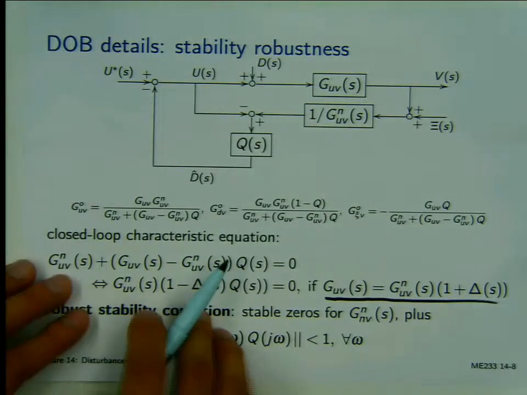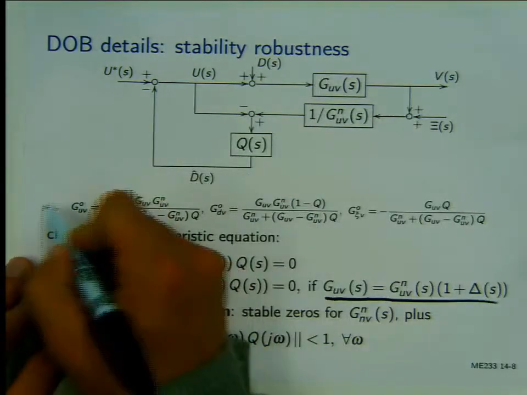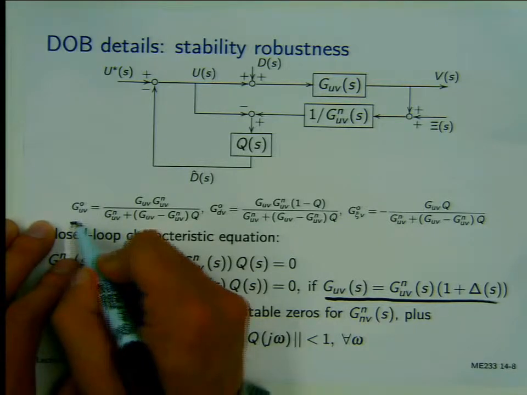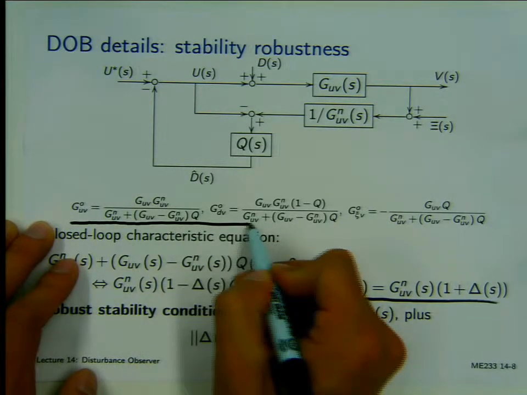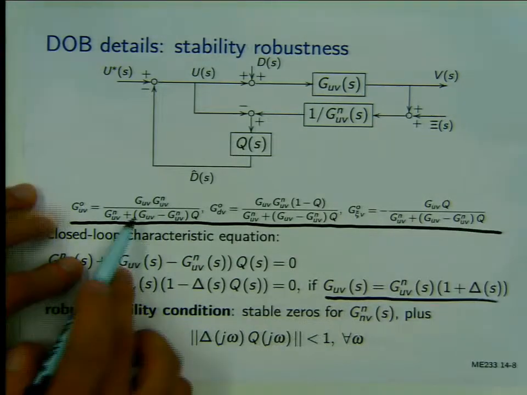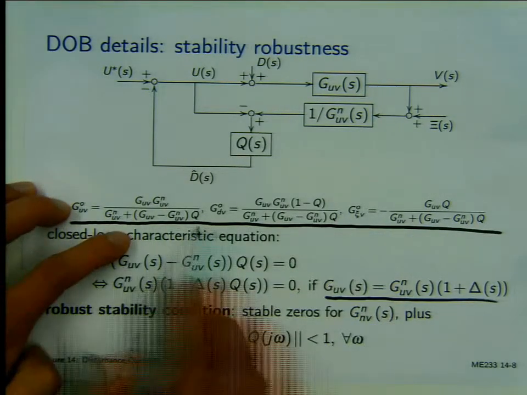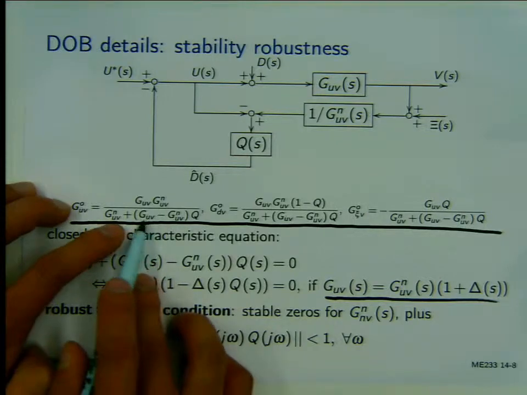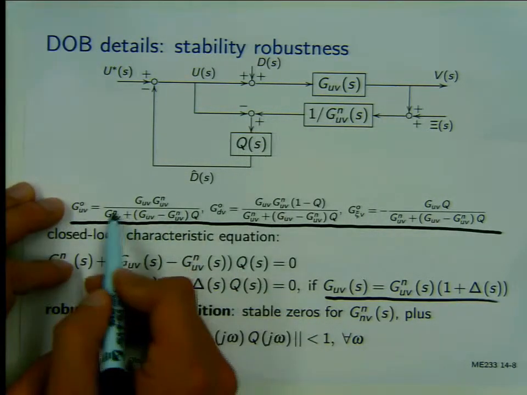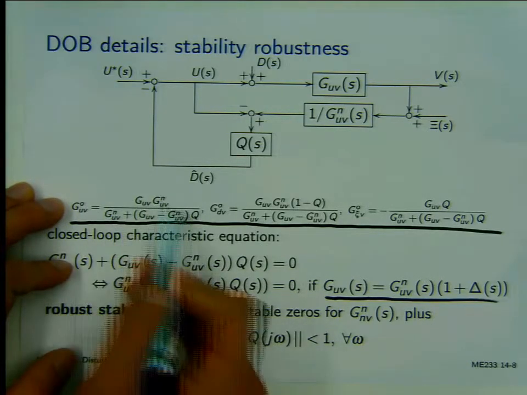This is pretty similar to what we did last time. Look at these 3 closed-loop transfer functions. You see, all the denominators are the same. So the characteristic polynomial of the closed-loop system comes from assigning the denominator to be 0.